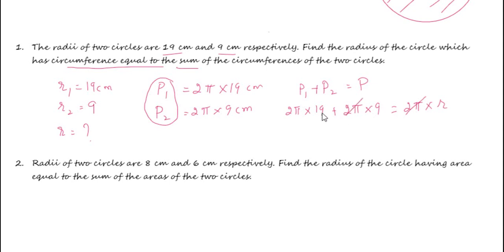All these 2 pi's cancel out, so r equal to 19 plus 9, that is 28 centimeter. Now if you combine the perimeters of these two circles with the radius 19 and 9 centimeters, then the radius of the new circle formed by combining the perimeters is 28 centimeter.